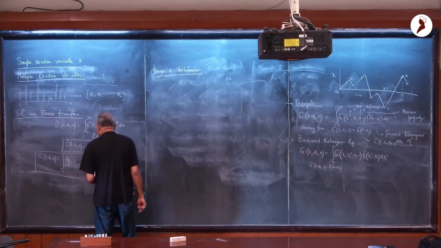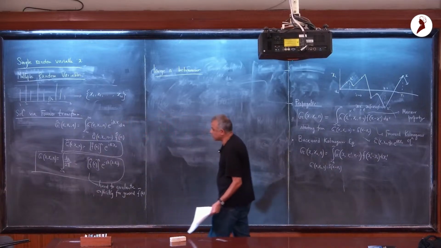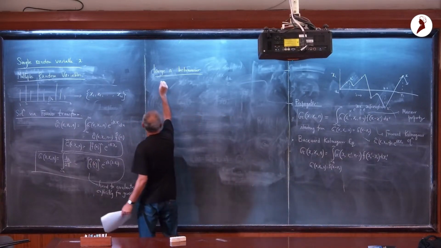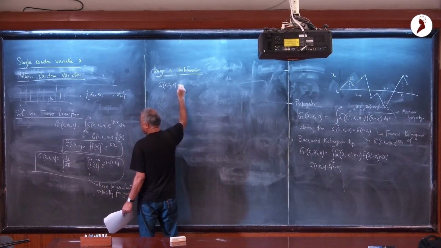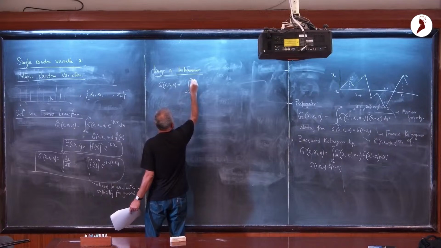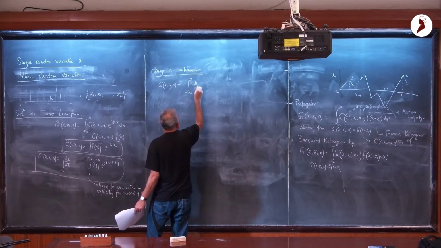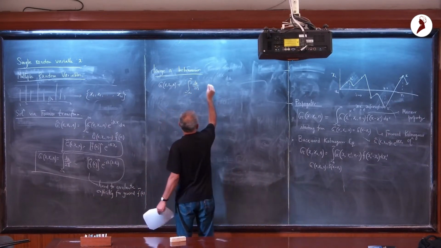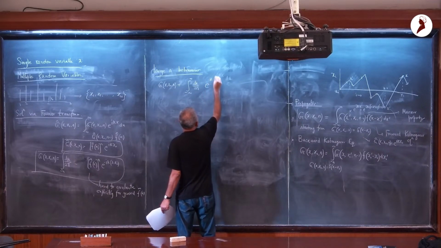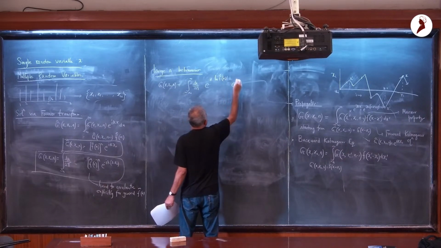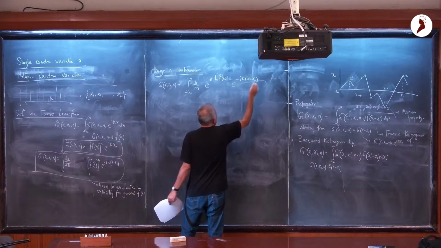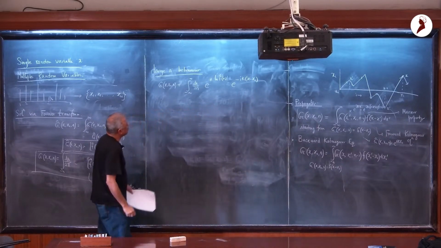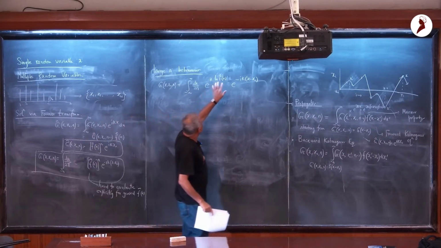For large n, you can do an asymptotic analysis of this integral. How do we do this? I first write this as n log f hat of k.